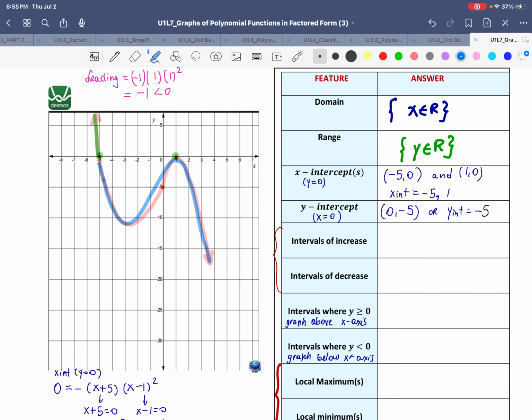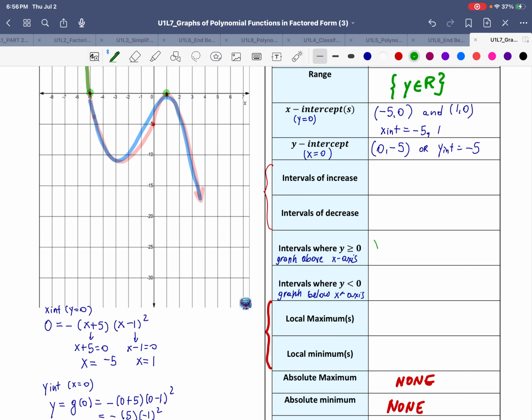So we're going to say that the function will have a value that is positive or 0 for the x values you can see here, so from -infinity up to -5. Now we do want to include the -5, and the reason why is because we are looking at y values bigger than or equal to 0. So -infinity to -5 is the first section where the function is positive or 0, but also the function is 0 at x equals 1.